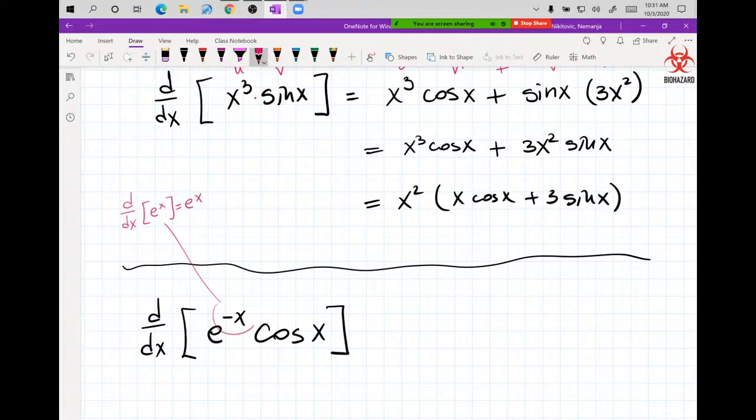If you change this x in any way by a number in front, in this case -1, then the derivative of e to the ax is a e to the ax. So if you have e to the 3x, e to the 10x, and also e to the -1x, which is just negative x, it's again the product rule. So can you please work this out real quick?